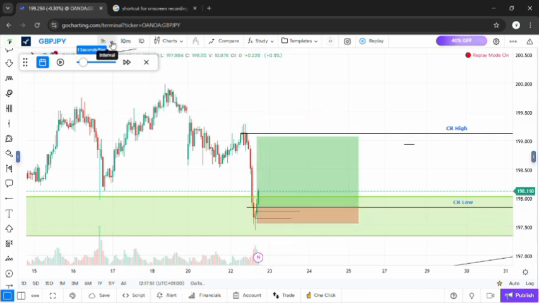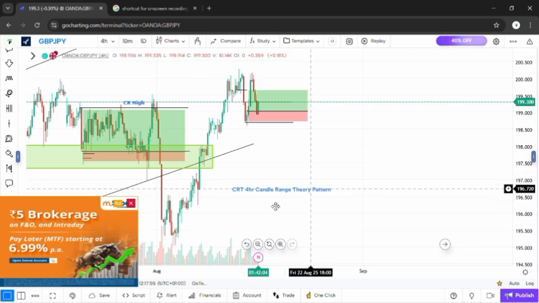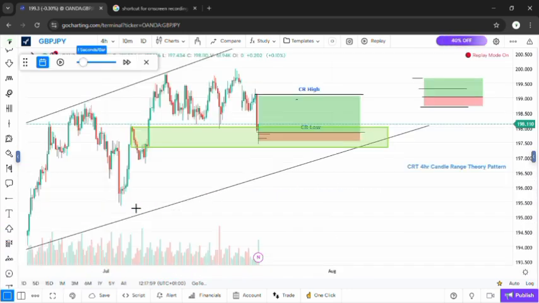If we go back to the 4 hour time frame, you would see that the candle that swept the previous 4 hour candle low did that at around 2 p.m. It started forming and swept the previous 4 hour low at around 2 p.m.